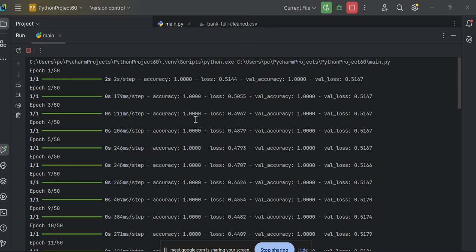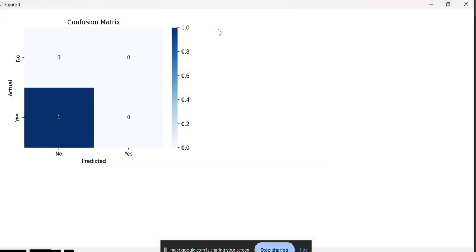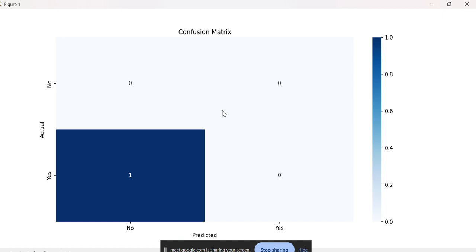After that, the output shows the fit with epochs 1 to 50 and the accuracy. This is the confusion matrix diagram, with actual yes and no and predicted yes and no. We have taken that output.